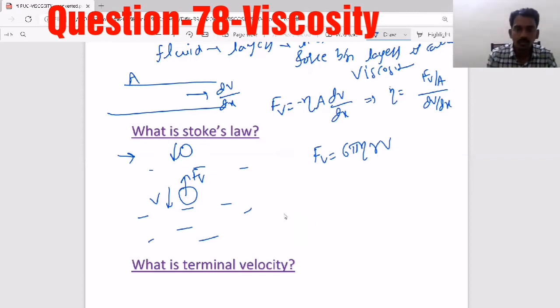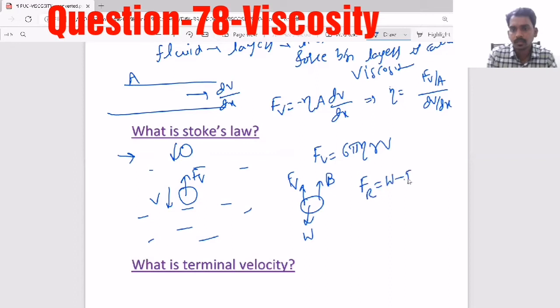Now, when you consider there is a weight downward, there is a viscous force and there is a buoyancy also. So the resultant force will become W minus Fv minus B. Here, as it is going inside, speed will change, so the viscous force will change, but W and B remain constant.